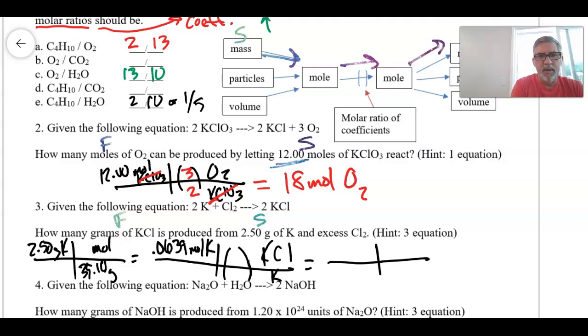If I look up here at my equation, I've got a coefficient of 2 there, and a coefficient of 2 there. So fairly easy. I'm going to get 0.0639 moles of KCl. And now I want to go to grams. So mole.